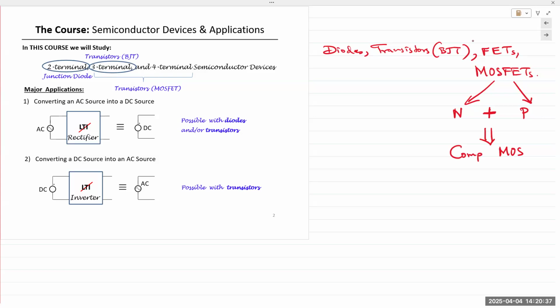Before the invention of these solid state devices, these are known as solid state because compared to the predecessors, they did not have any visible moving parts. The predecessors of these semiconductor devices were vacuum tubes.